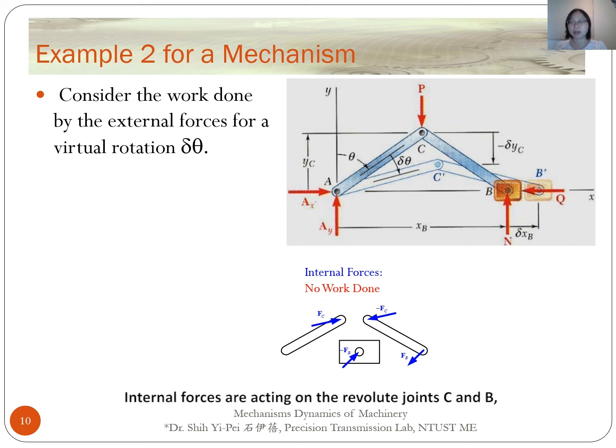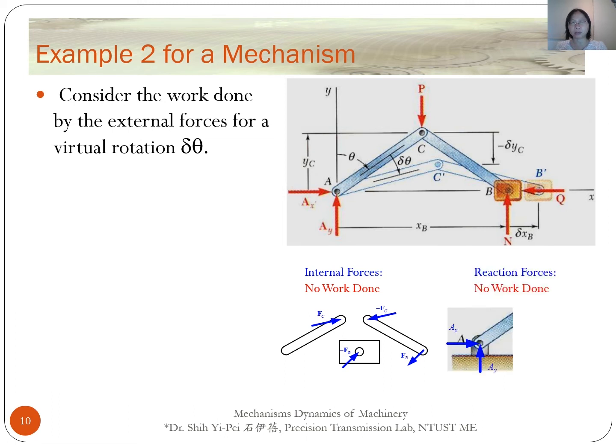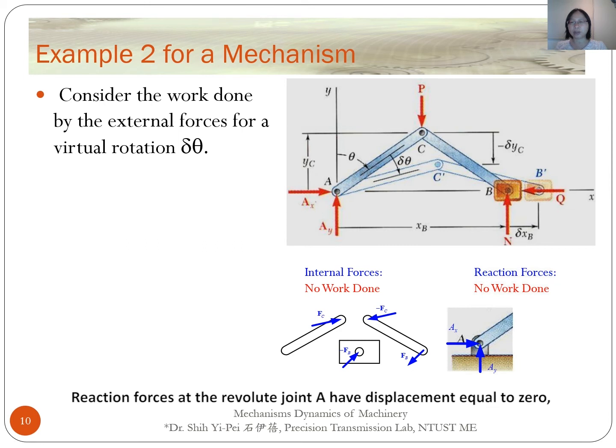Internal forces are acting on the revolute joints C and B. Because the work done by internal forces cancel each other, the work is equal to 0. Reaction forces at the revolute joint A have displacement equal to 0, so no work will be done.